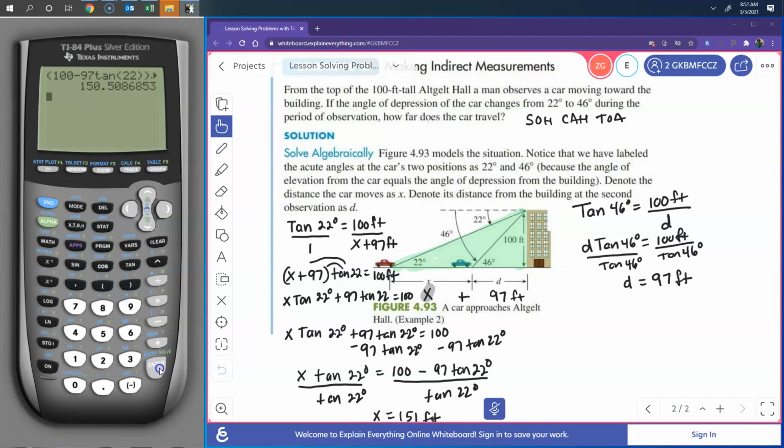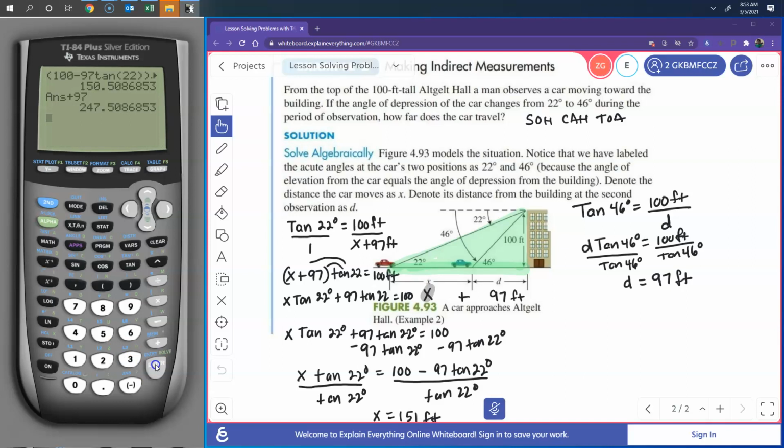So the entire distance from this point to this point will be the sum of 151 feet plus the 97. And you get 248 feet.